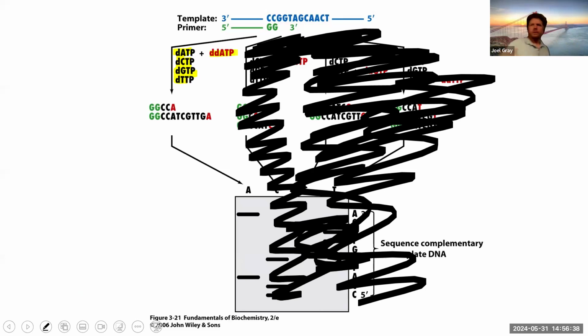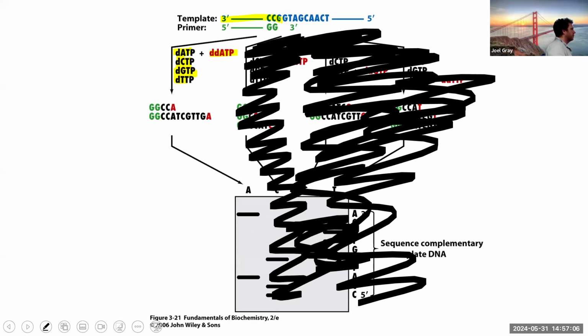My enzyme is going to look at my template, and it's going to be reading it. And whenever it sees a T, what is my enzyme going to do? My enzyme is going to see the nitrogenous base thymine, and it's going to say, okay, I know what matches up with a T. What matches up with a T?